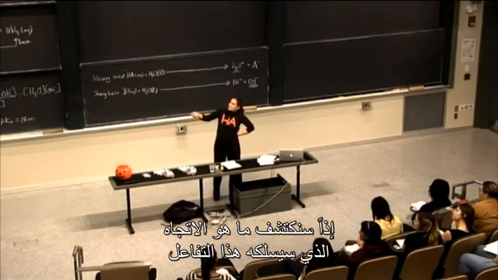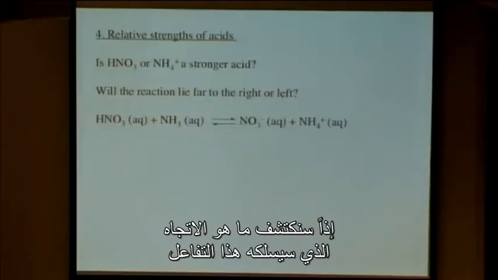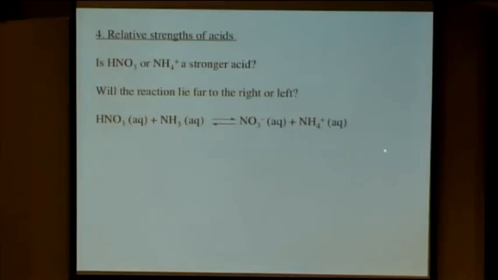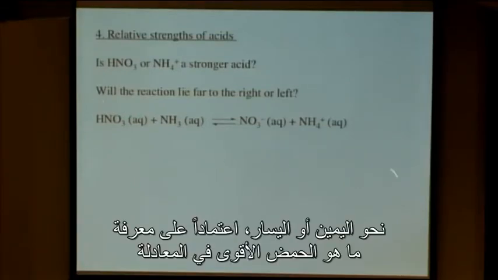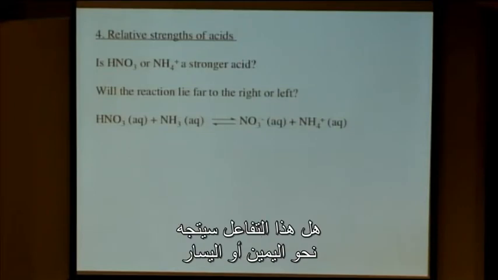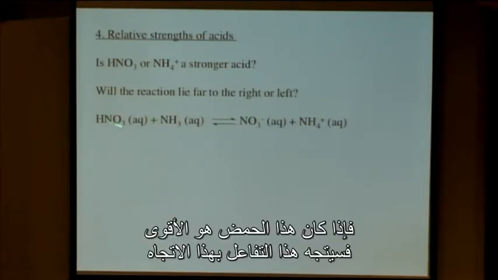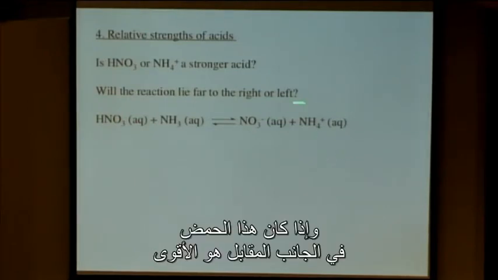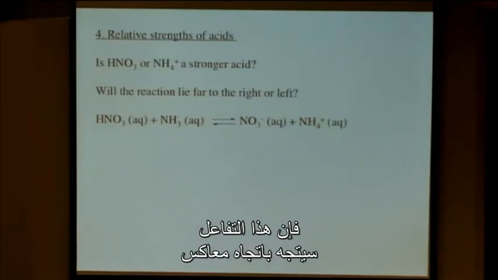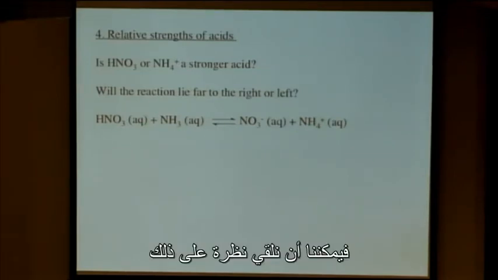So we can look at whether the reaction is favored toward the right or the left, depending on which acid is stronger. Will the reaction drive to the right or the left? So if this acid is stronger, then it should drive the reaction this way. If the acid on the other side is stronger, then you would expect to drive the reaction the other way. So we can take a look at that.